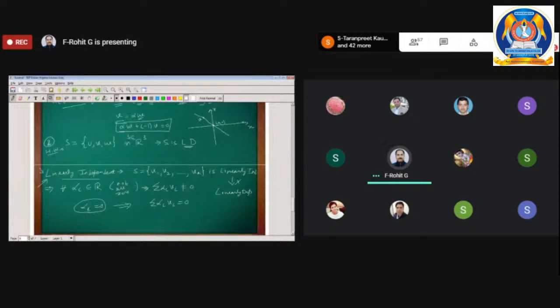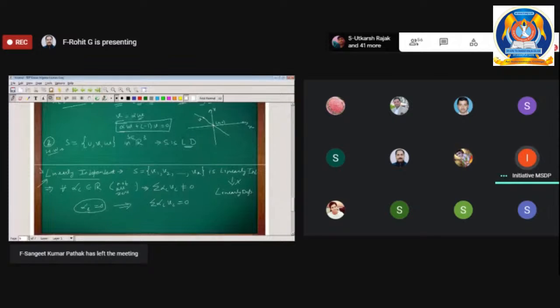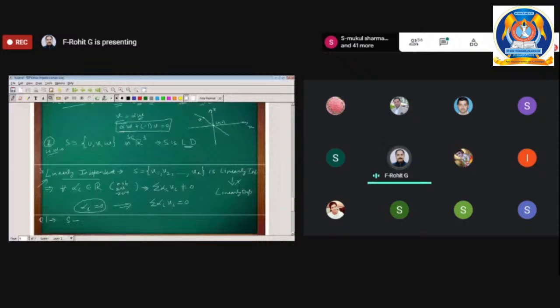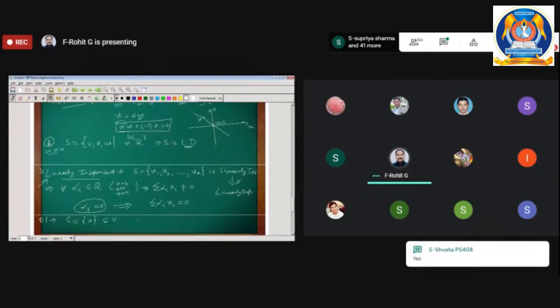Okay, sir. Rohit sir, please give them one question to think about. If we have a singleton set containing 0, is it linearly independent or dependent? So students, if we have one set, suppose I have V, then this singleton set naturally belongs to our vector space V. So is this set linearly independent or dependent?